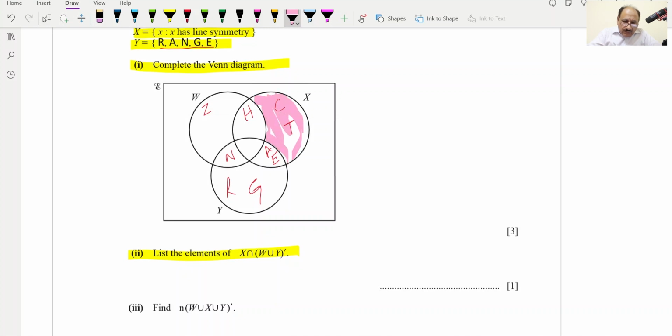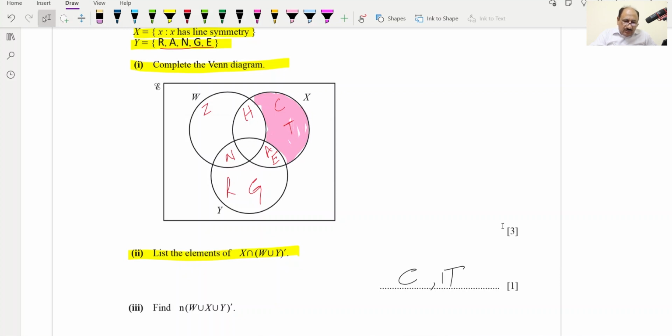So in this region we have two letters, which are C and T, so our answer will be C and T.